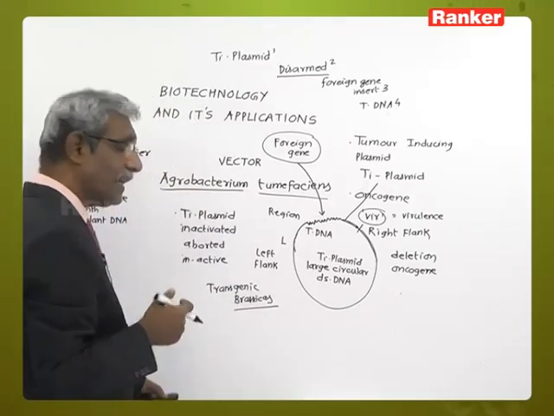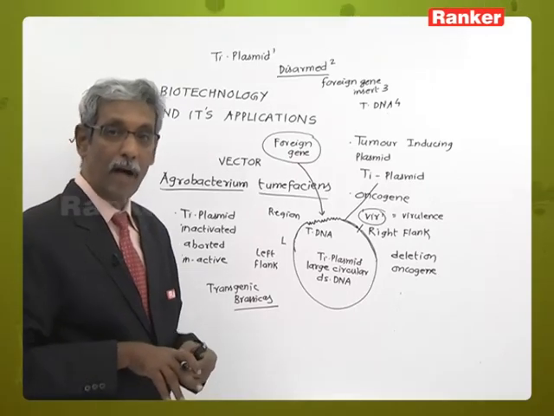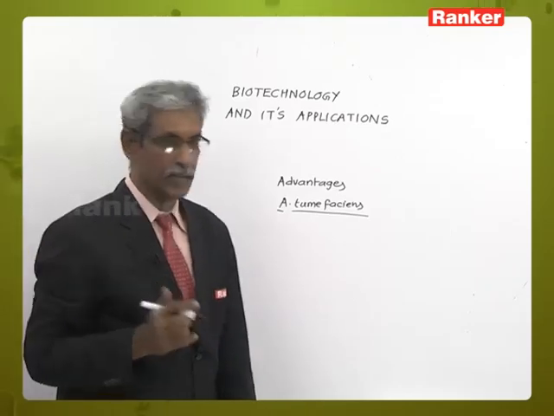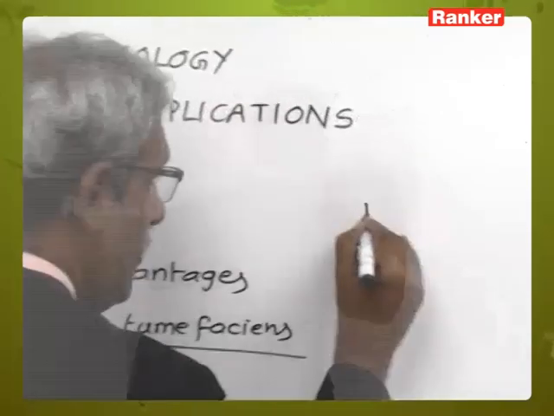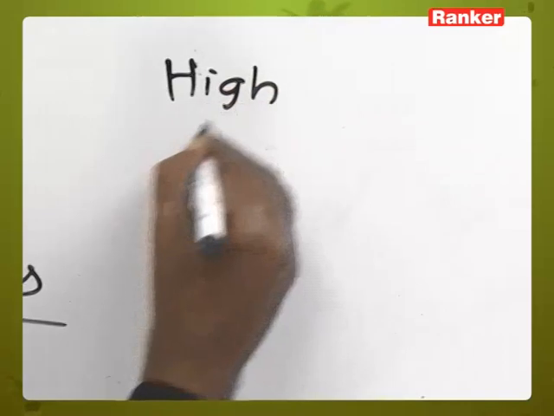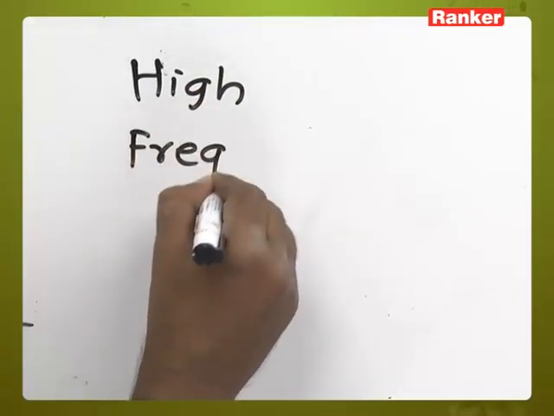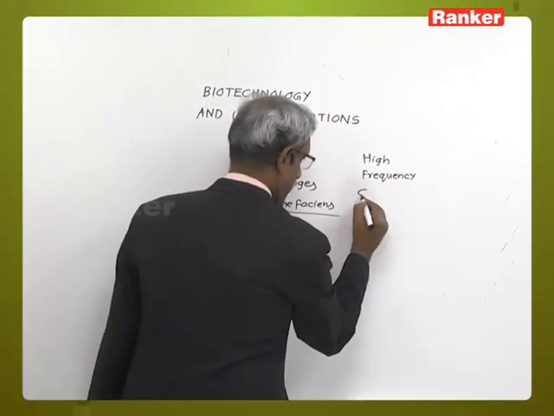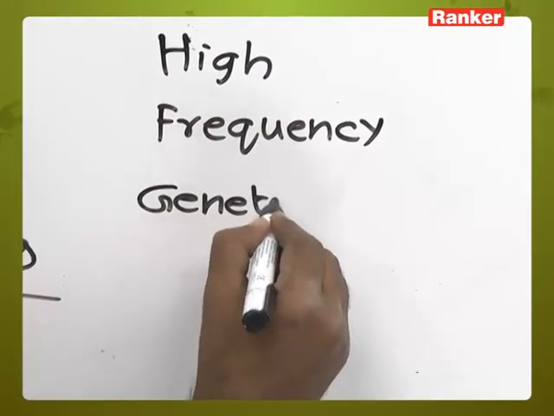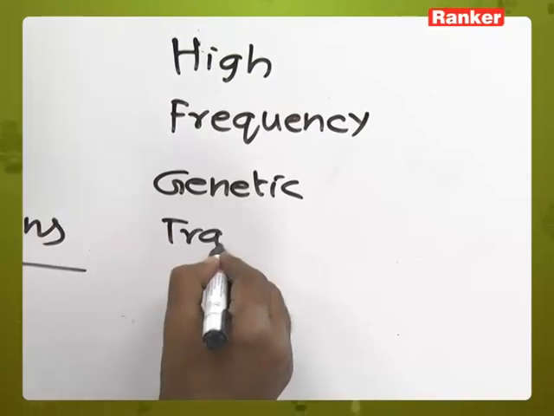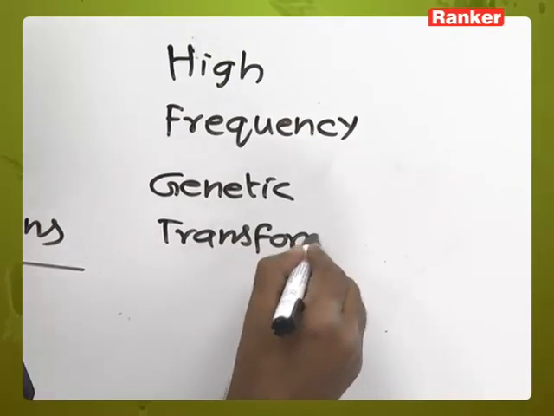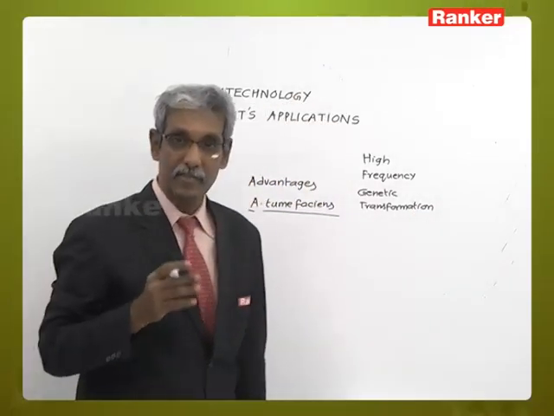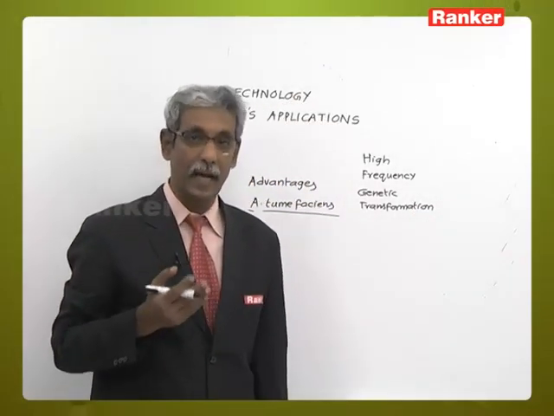Now, what exactly are the advantages of Agrobacterium tumefaciens? The advantage of Agrobacterium tumefaciens is it shows high frequency genetic transformation. It means the number of cells which have been genetically transformed is very high.